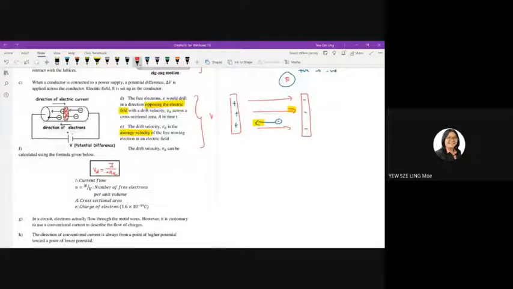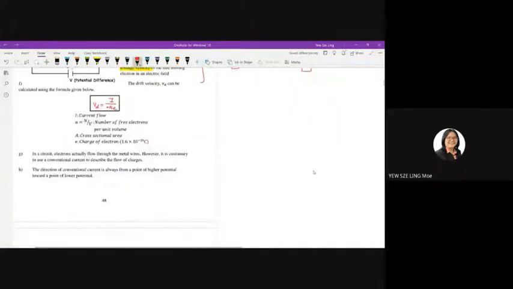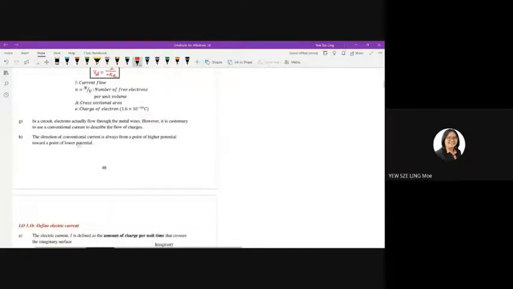So in a circuit, electrons actually flow through the metal wire. However, it is customary to use a conventional current to describe the flow of charge. So in our wire, when we draw a circuit diagram, we don't draw it according to the direction of the electron flow.